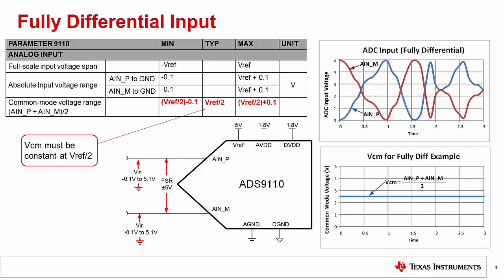In this example, each input allows signals from 0 to 5 volts, but the differential range is plus or minus 5 volts or 10 volts peak to peak. It is important to realize that the common mode voltage must be held constant at half of the full-scale input range. Maintaining good accuracy on the common mode signal is important because the common mode input specifications typically allow only plus or minus 100 millivolts of error.